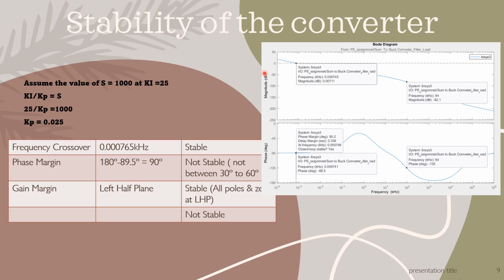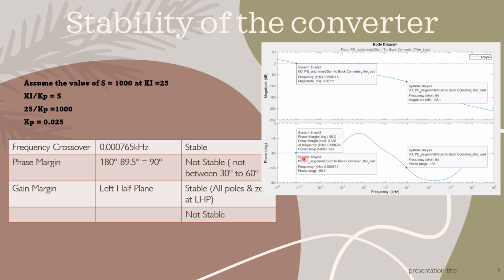So the first one, we assume the S value at 1000 and KI at 25. So KI over KP is equal to S, and we will get KP 0.025. So for the first one, we get the crossover frequency is 0.000745 kilohertz.